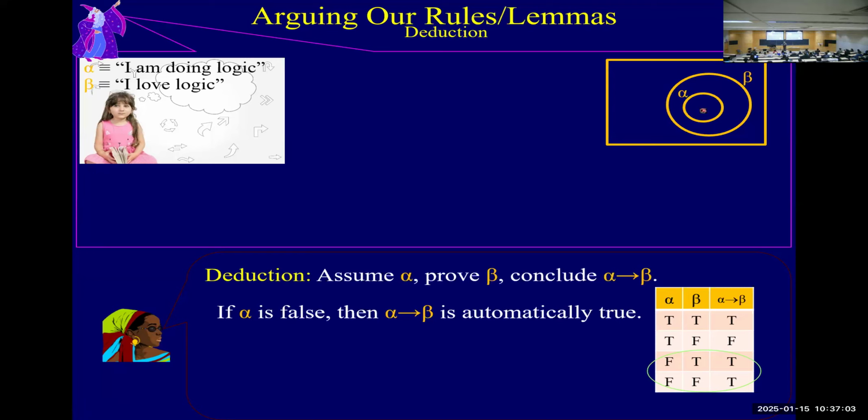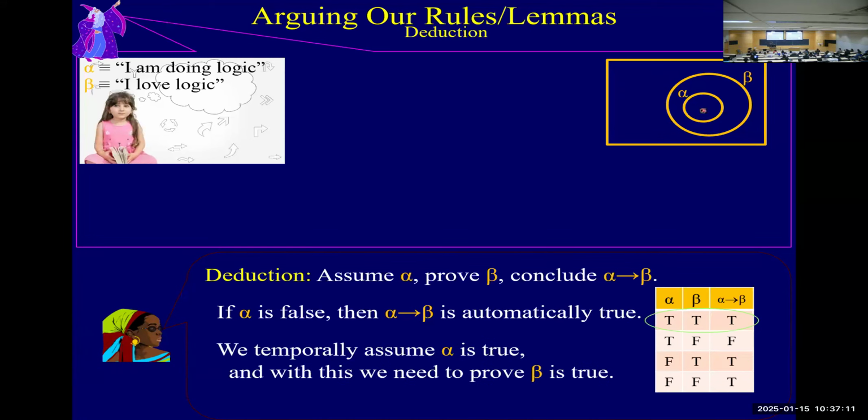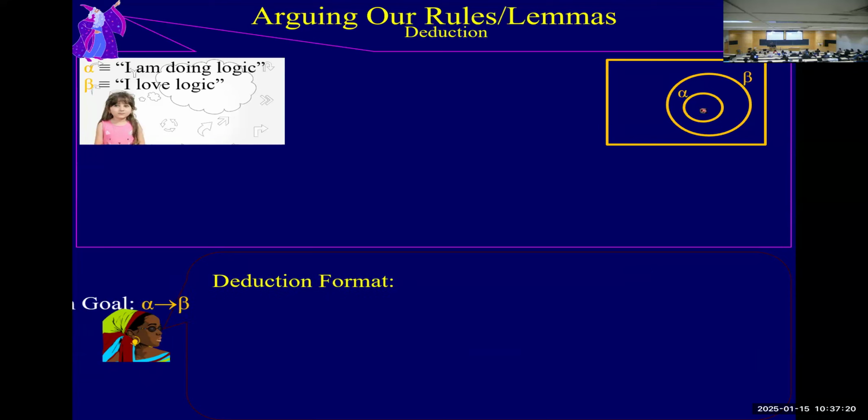So we're just going to have the convention that we never handle that case because it's just not a case that matters, right? So instead, we're going to temporarily assume that it's true, and with it, we're going to prove beta, right?